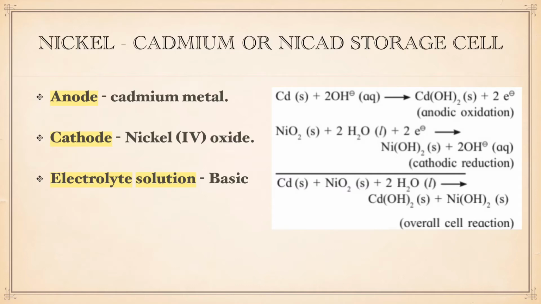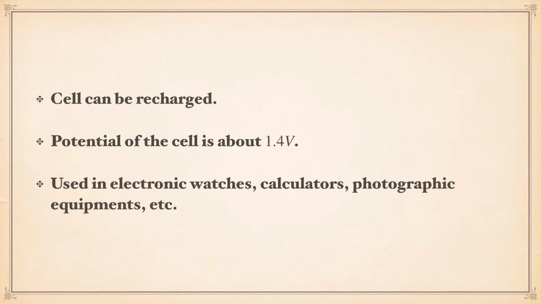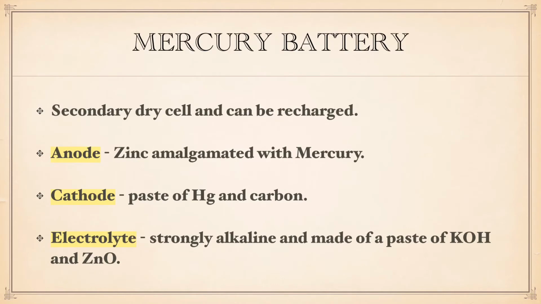The reaction product at each electrode is solid and sticks to the electrode surface, so I can say the cell can be recharged. The potential of the cell is about 1.4 volt, and this type of cell is used in electronic watches, calculators, photographic equipment, etc.